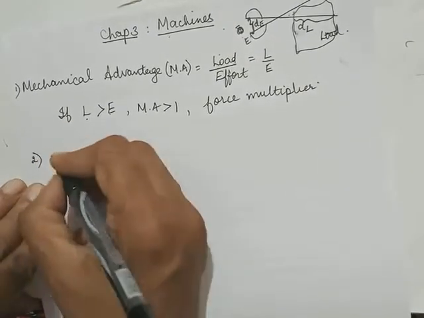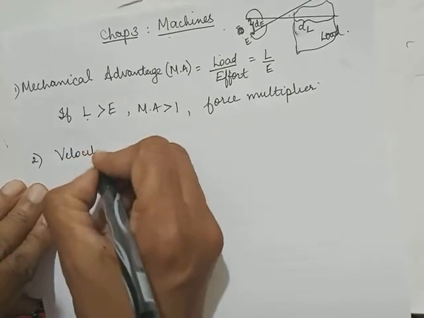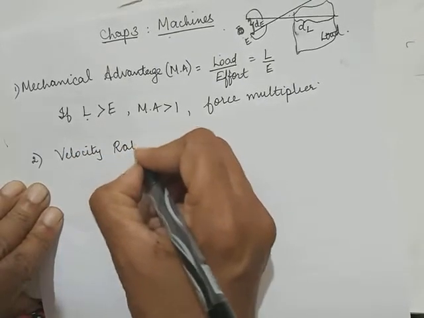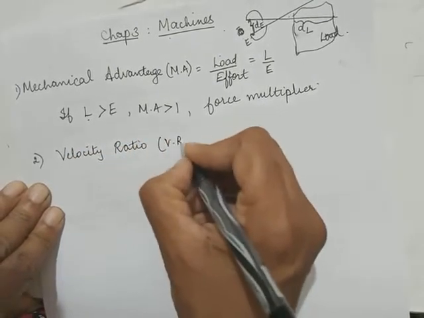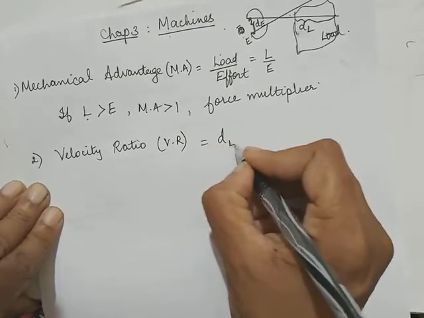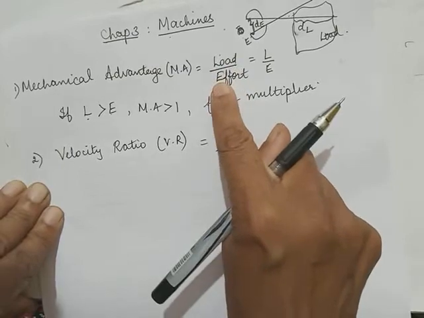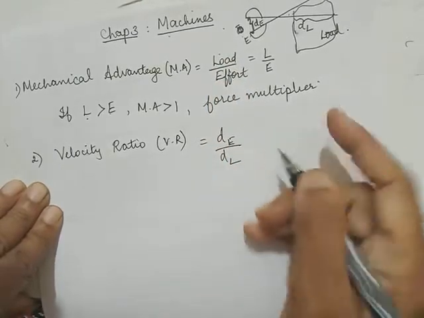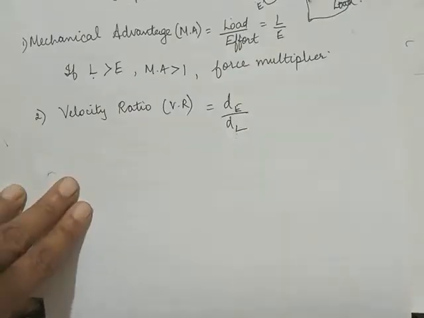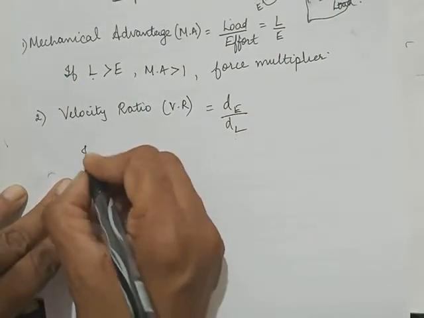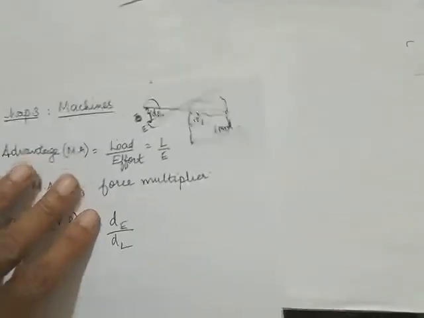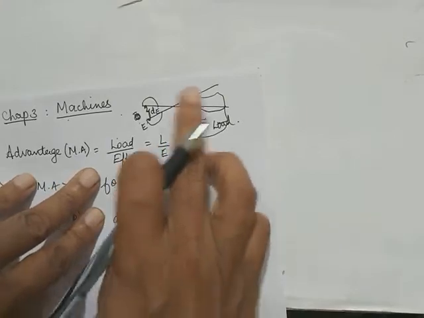Come to the second one, velocity ratio. Velocity ratio, VR, is distance traveled by effort upon distance traveled by load. Effort will be in the numerator, dE by dL. Now I told you scissor doesn't do a heavy work.